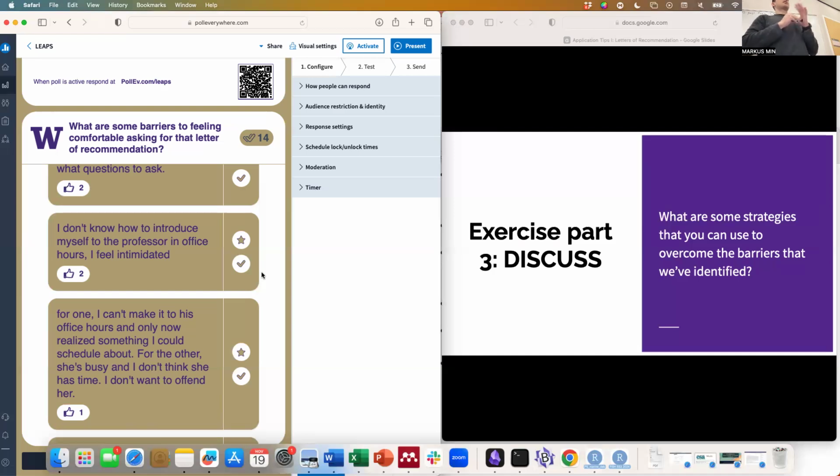Any other thoughts? I would also say that especially as an earlier time at UW, if you have flexibility in your schedule to choose classes that are more major specific or that are smaller enrollment, those are going to be places that are much easier for these things to be built, right?